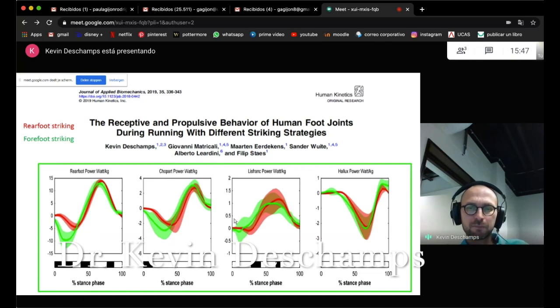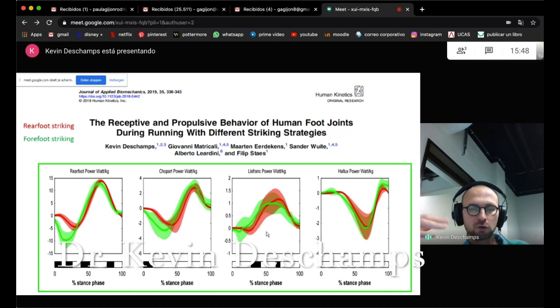Here, some remarkable observation for the Lisfranc joint: as I said, during walking, we don't observe absorption at the Lisfranc joint, it is only generating power. Here, we tend to see a discrete power absorption capacity in the Lisfranc joint, it's not big, let's be clear, and it remains very small, because those athletes were running about 12 to 13 kilometers per hour barefoot.